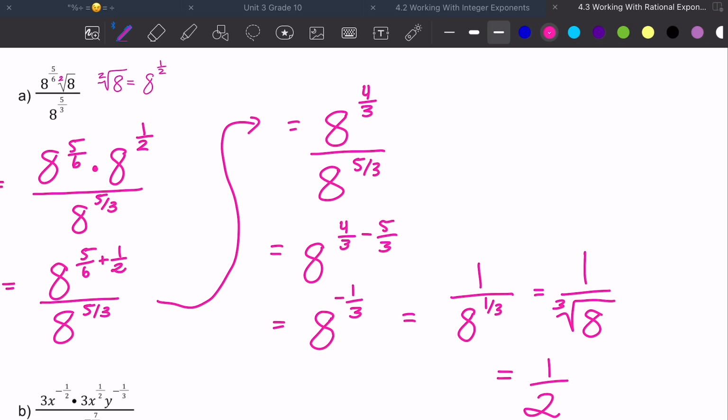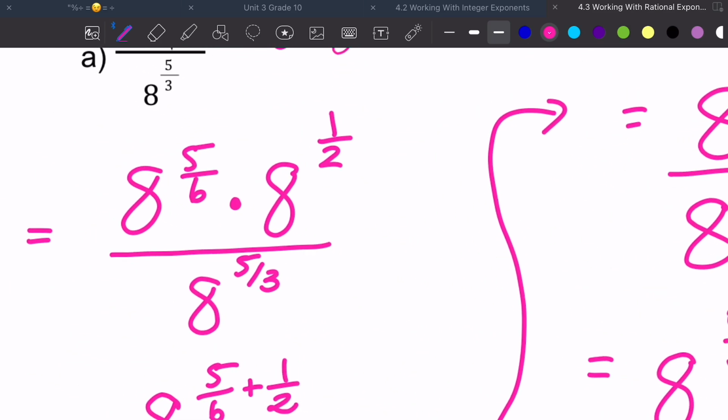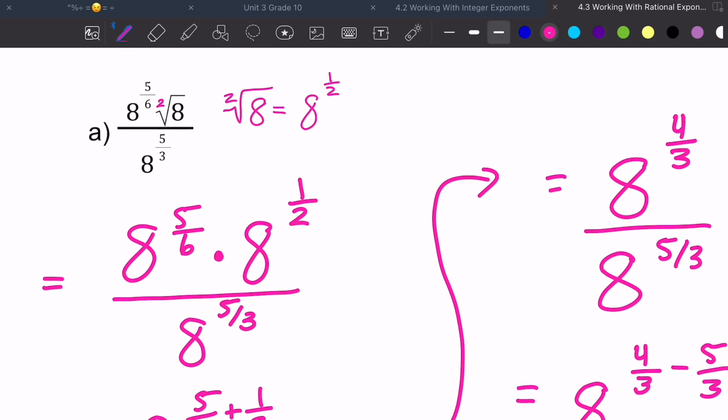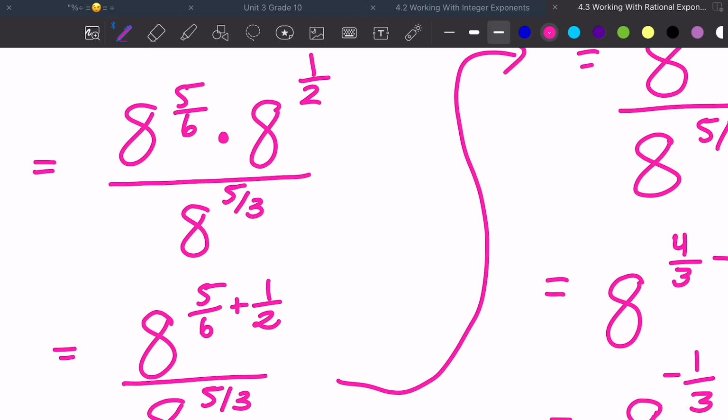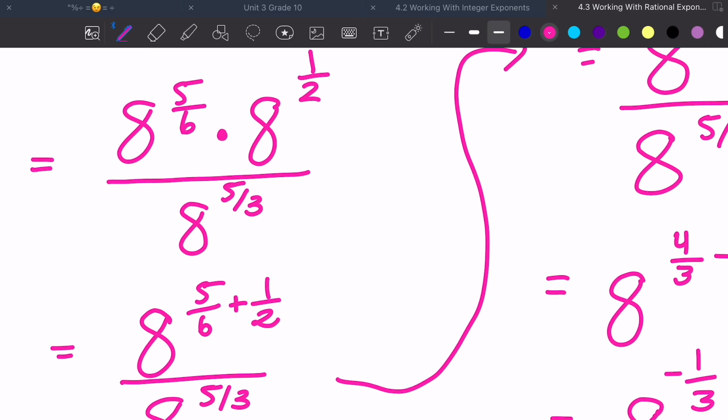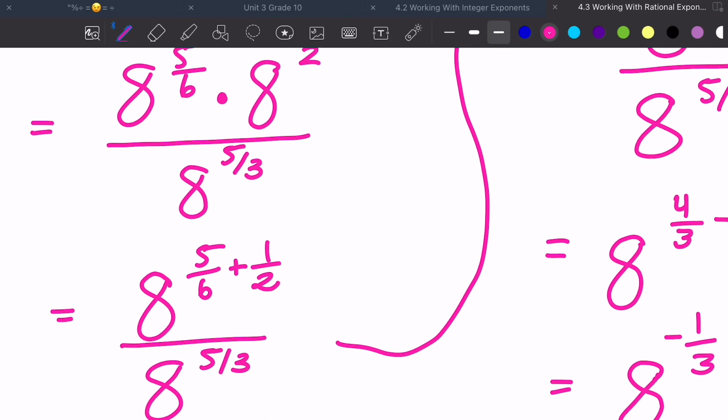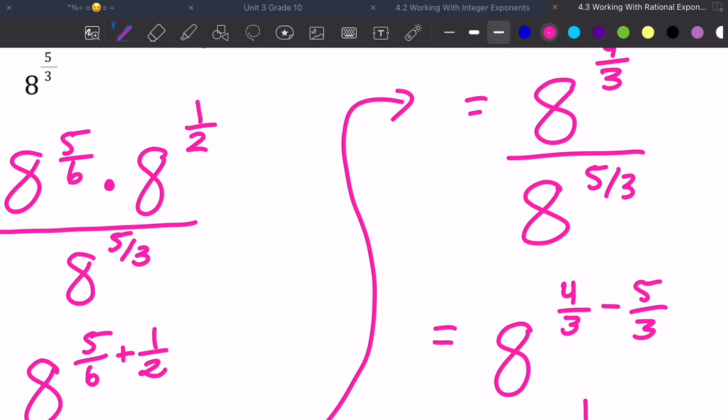Yes, Ryan. Yes. So, first step was getting rid of the radical. So anytime you have a radical, you have to turn it into a rational exponent. So you have to use that rule where you can flip back and forth. Once you have that, you can do your exponent laws. So that's why I added these two exponents together, because they're both a base of 8. I added them together, which gave me 4 over 3.